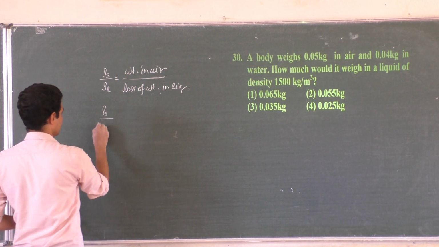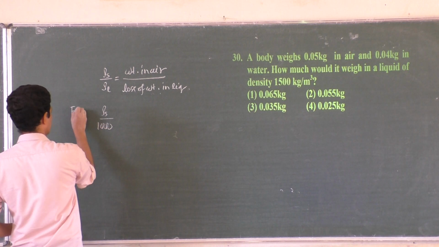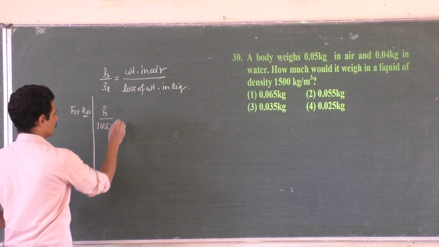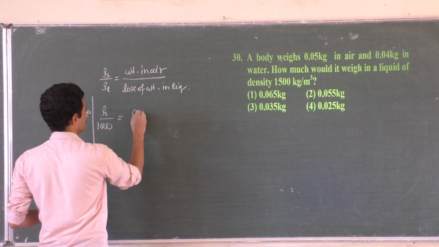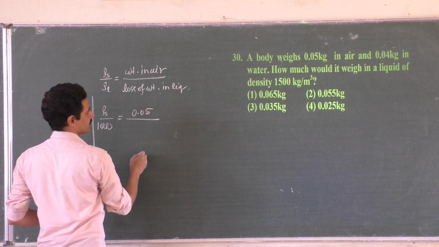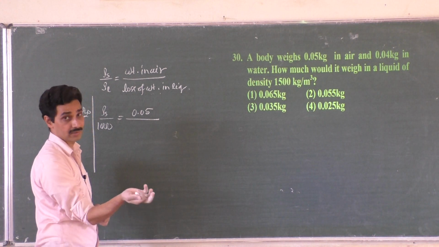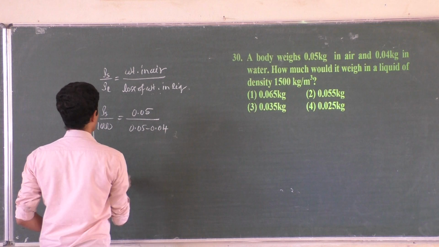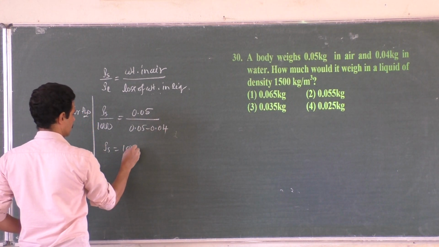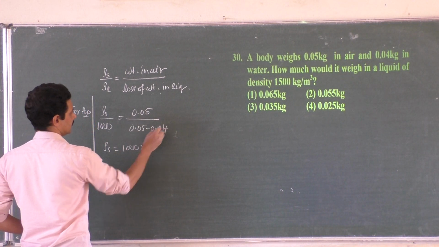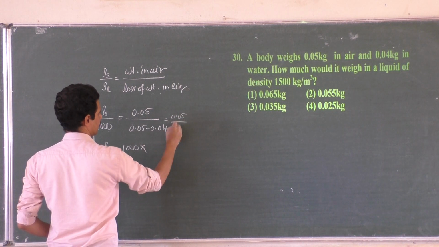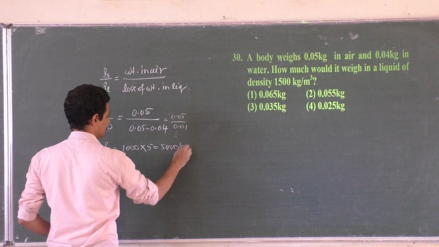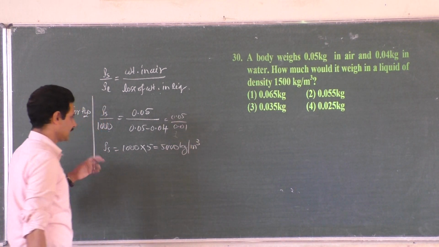Density of the substance by density of the liquid, for water, is equal to weight in air, 0.05 kg, divided by the loss, which is 0.05 minus 0.04. Density of the substance is 1000 into 0.05 divided by 0.01, which is 5000 kg per meter cube. This is the density of the substance.